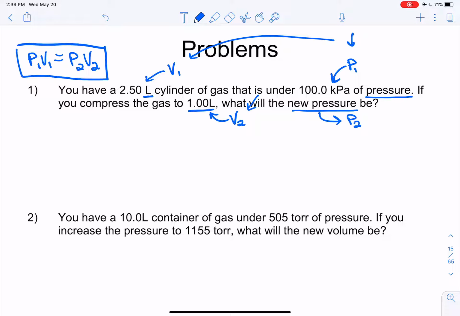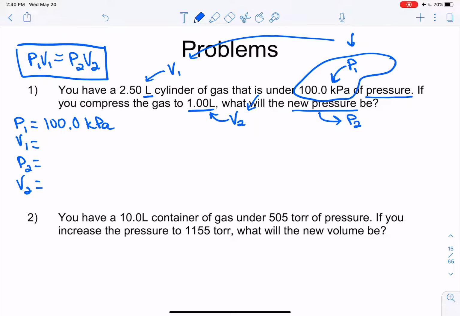And don't worry, we will see equations. Okay, so what we want to do is list our variables so we can just organize our thoughts. So P1 is what? P1 is 100.0 kilopascals. That is right here. And V1 is what? V1 is 2.50 liters.